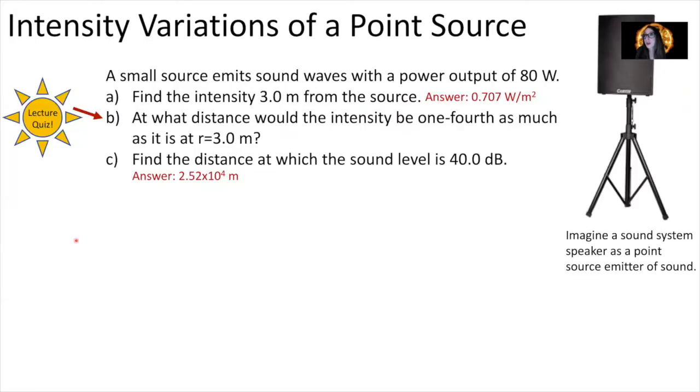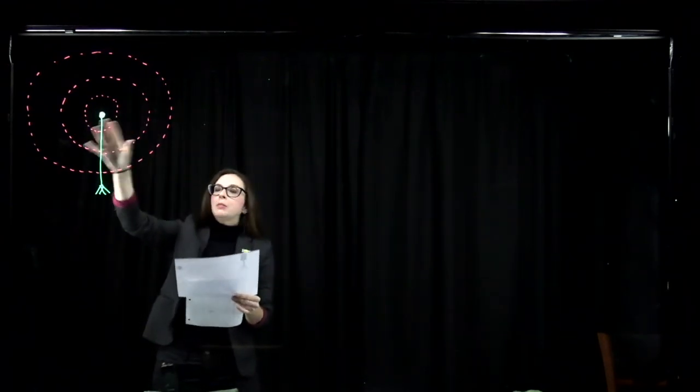And now we're going to work through a problem where we think about the intensity variation of sound from a point source. And we're also going to show how you can use the equation for the sound intensity level in decibels. Let's work through a problem where we think about the intensity variations of a point source of sound. So let's imagine a sound system speaker here. That's my speaker, as a point source emitter of sound.